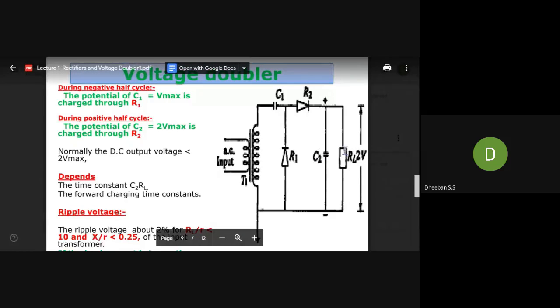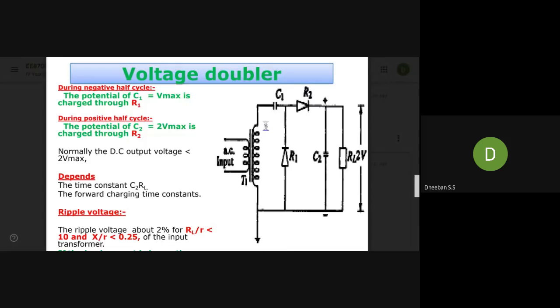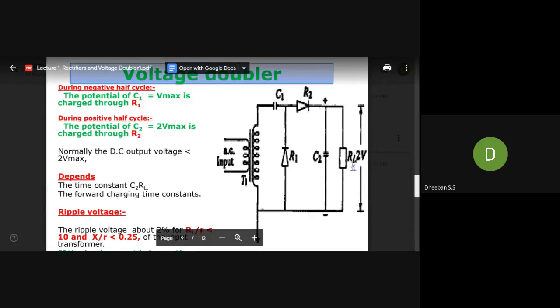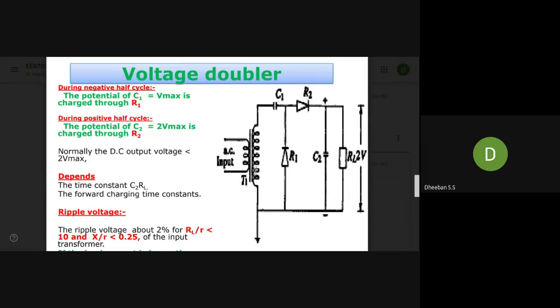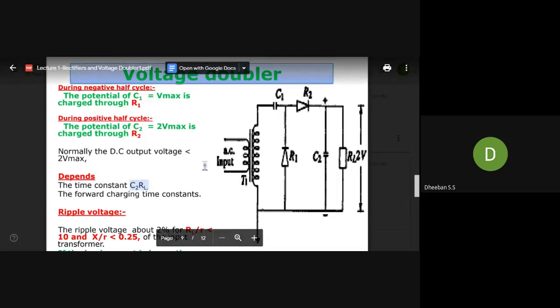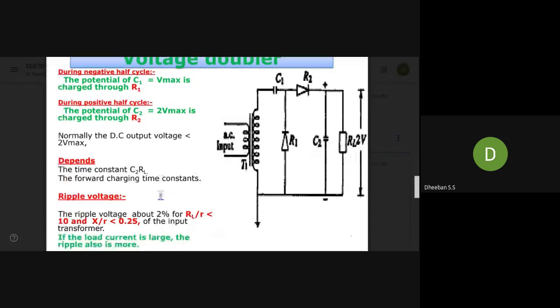So at the input side you'll have your maximum voltage, but at the output side or load side, your DC-link capacitor will have twice your maximum voltage. Generally, this value will depend upon the time constant of your load as well as your DC-link capacitor.